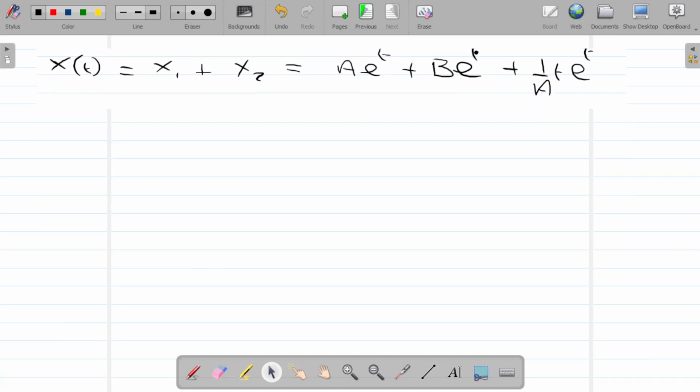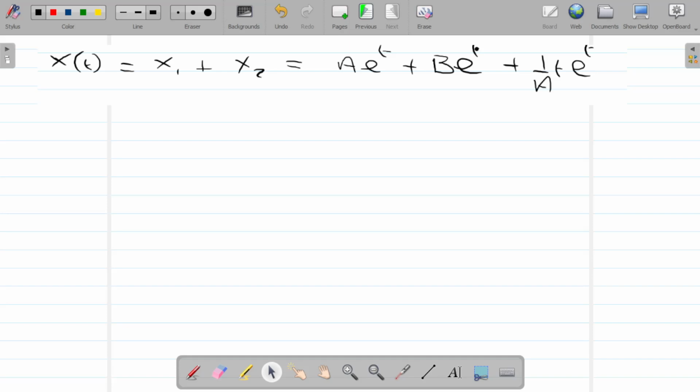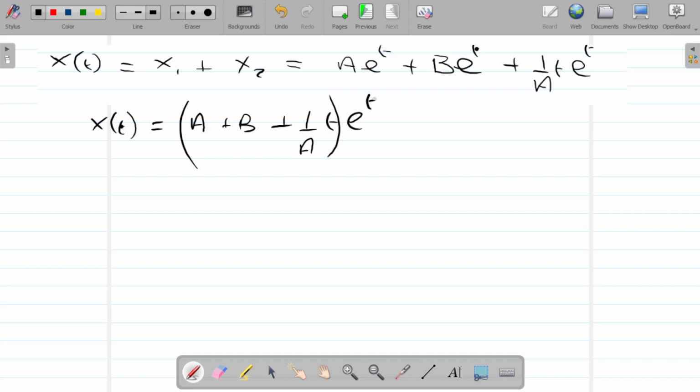So now that we've ironed out the errors that we experienced, that becomes x of t equal to, well, we can take out the e to the t right throughout the right hand side of that. So what we get is a plus b plus 1 over a t in brackets times e to the t.